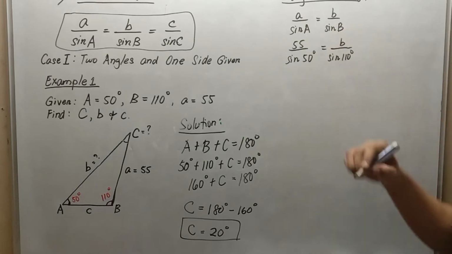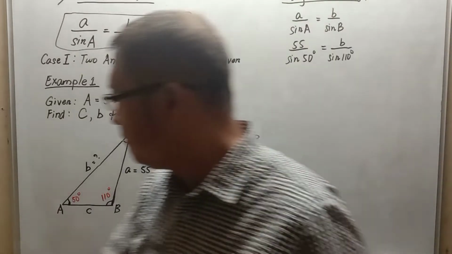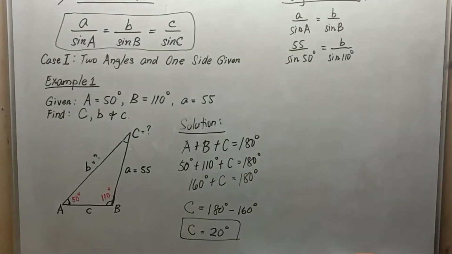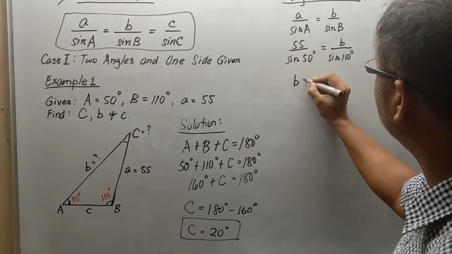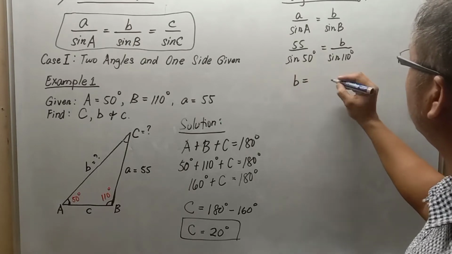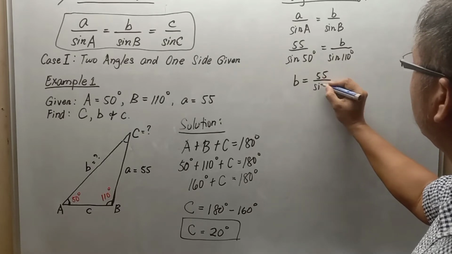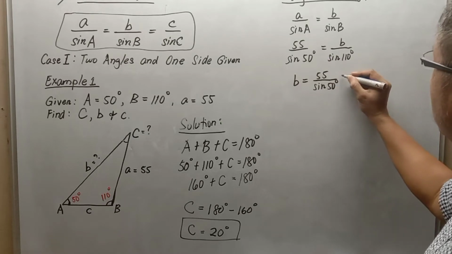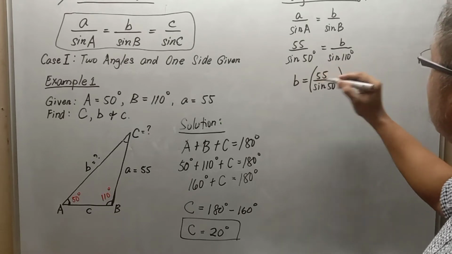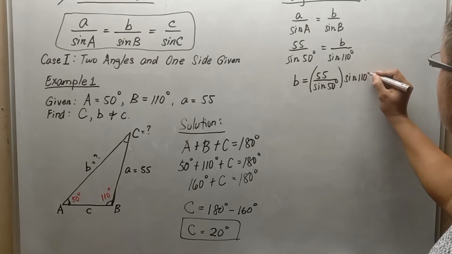By cross multiplying to simplify the expression, let me calculate, guys. B will be equal to 55 over sine 50 degrees times sine 110 degrees. So 55 divided by sine 50, how much? 71.7974, times sine 110 degrees.